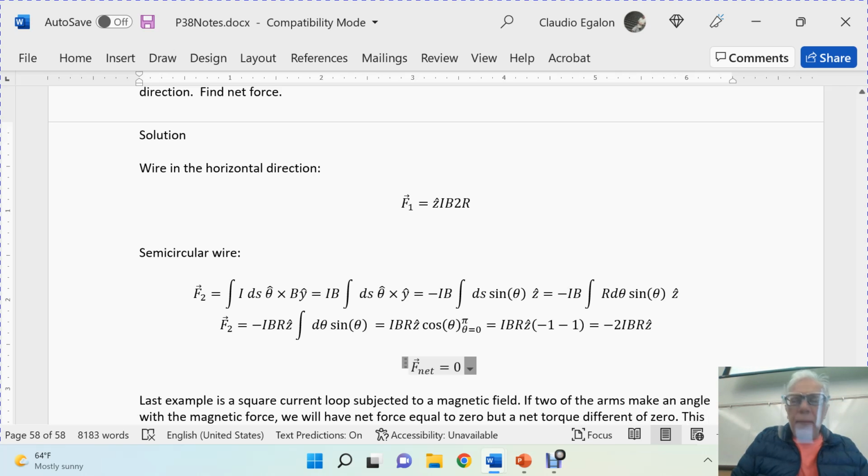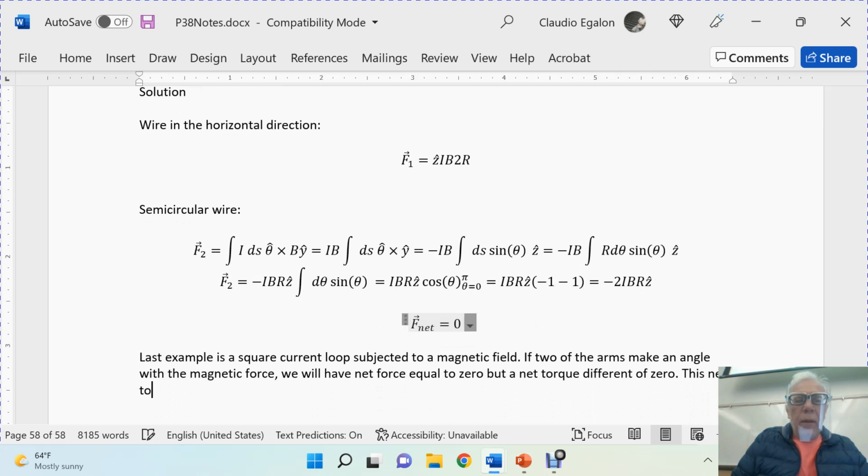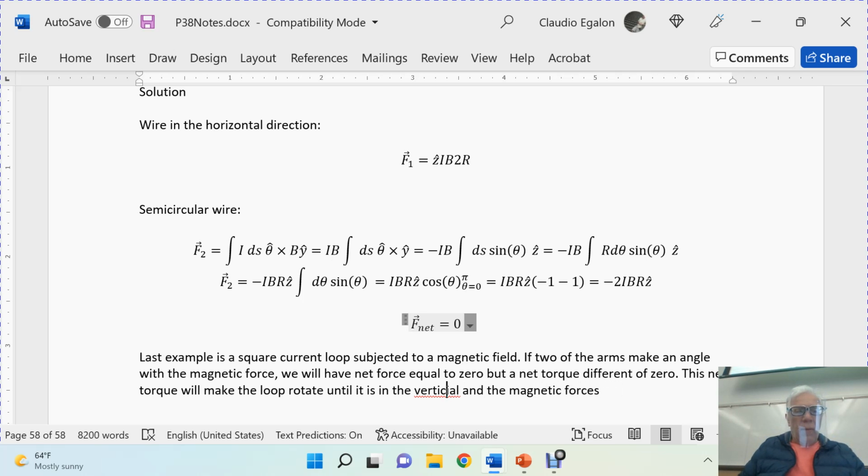This net torque will make the loop rotate until it is in the vertical, and the vertical magnetic forces become collinear.